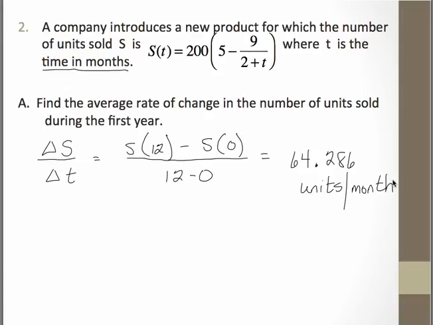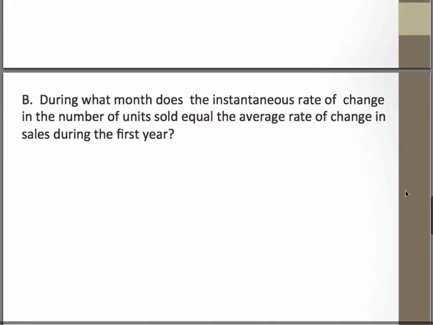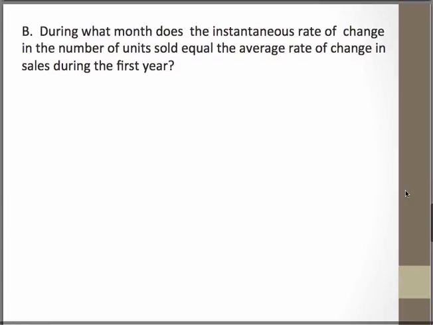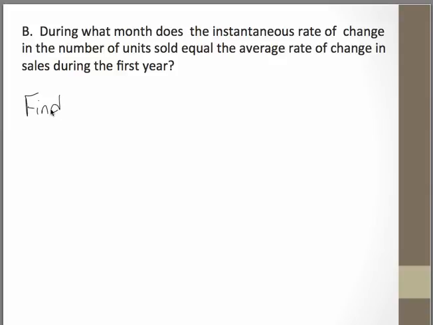Now the next question, again including the mean value theorem, is asking us when it is during that first year that the instantaneous rate of change is going to equal the average rate of change in the number of units sold. So what we want to find is where that derivative, again I'm going to call it C, is equal to that 64.286.